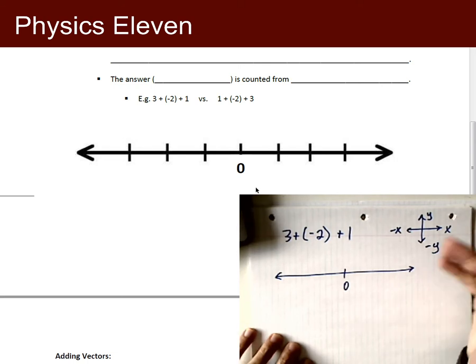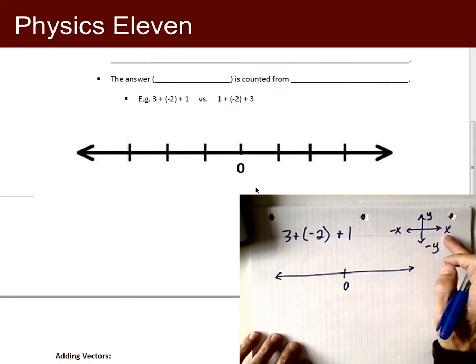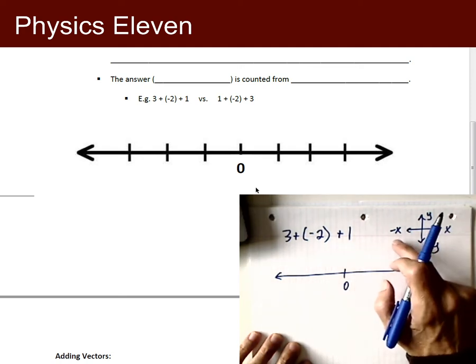But importantly, positive X is on the right, positive Y is up, negative X is on the left, and negative Y is down. So in a way, it's like a different language or a code. Whenever you have plus X, it means the right. If you have negative X, it means left.